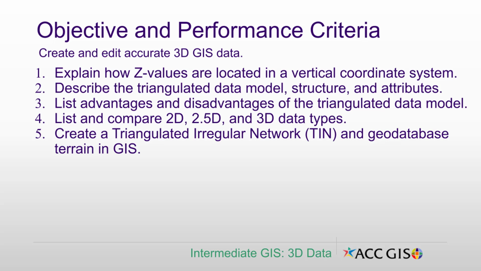You'll be able to describe the triangulated data model, structure, and associated attributes. You'll be able to list the advantages and disadvantages of the triangulated data model. And you'll be able to list and compare 2D, 2.5D, and 3D data types. Last, in the demonstration and project, you'll create a triangulated irregular network and a geodatabase terrain in GIS.